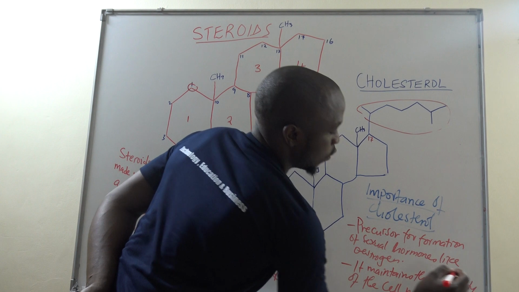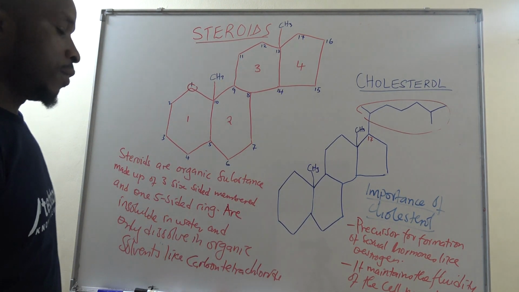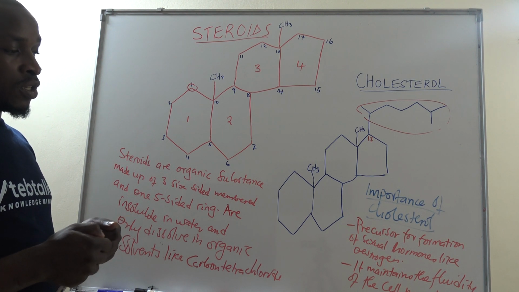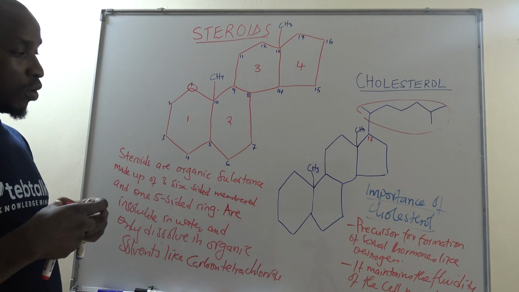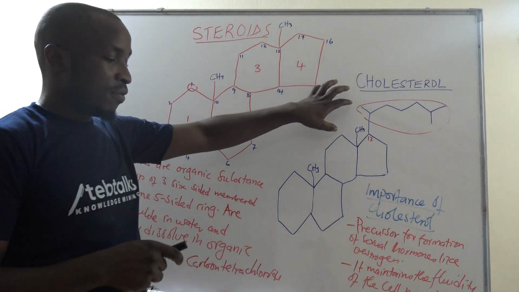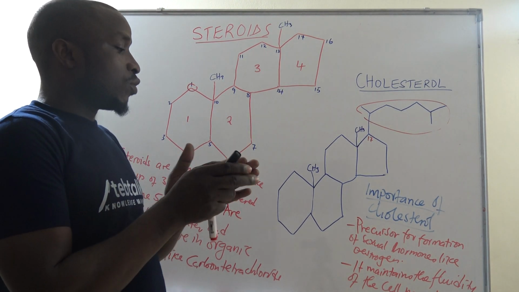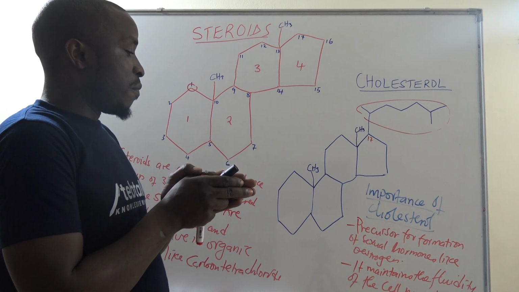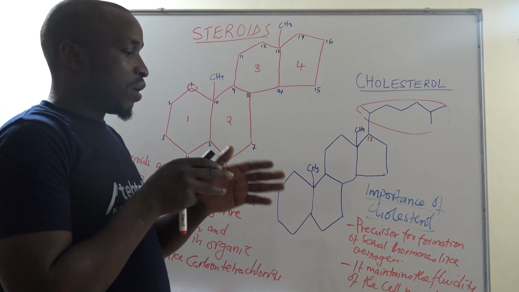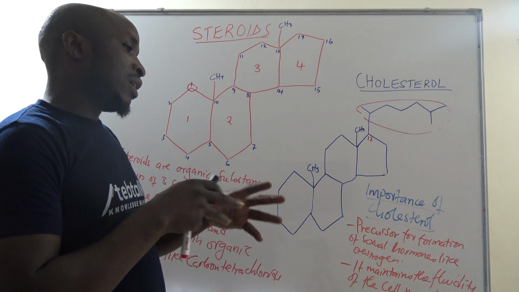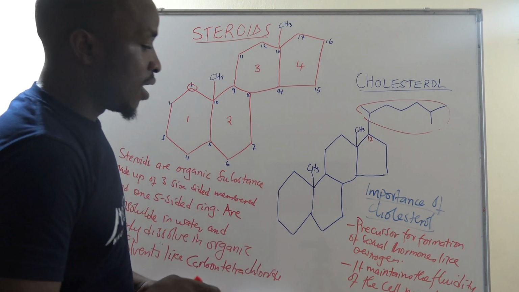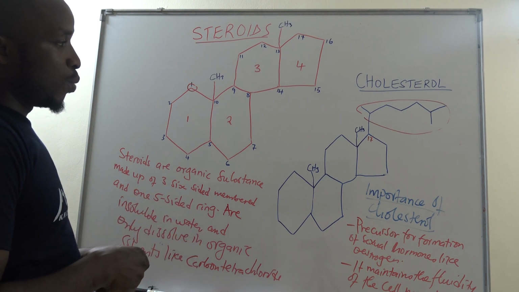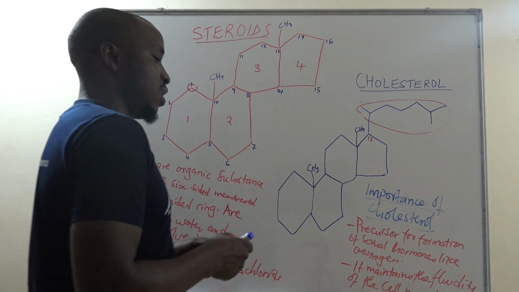Otherwise, our cell membranes would compact, because the phospholipid tails we have seen here can come together via hydrophobic interactions and solidify the cell membrane. The presence of cholesterol in the cell membrane stops that interaction, and so the cell membrane is always a fluid. Molecules within it can change from one place to another.